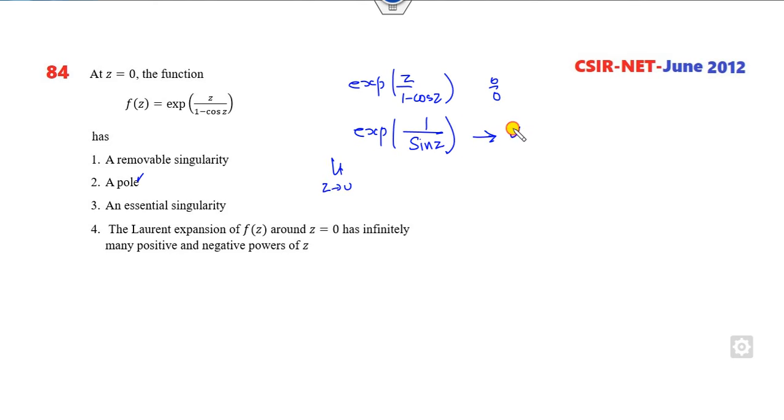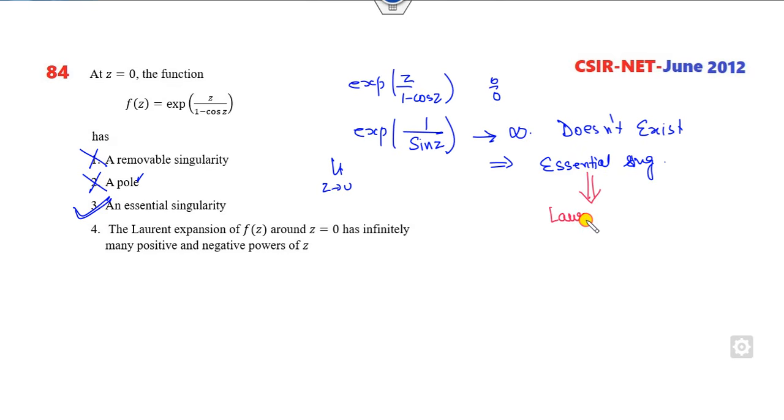It goes to infinity, so the limit does not exist. So it is an essential singularity, not a pole or a removable singularity. And once we know it's an essential singularity, then in the Laurent series we have an infinite number of terms.